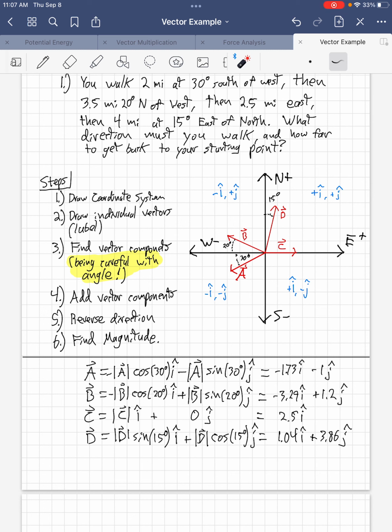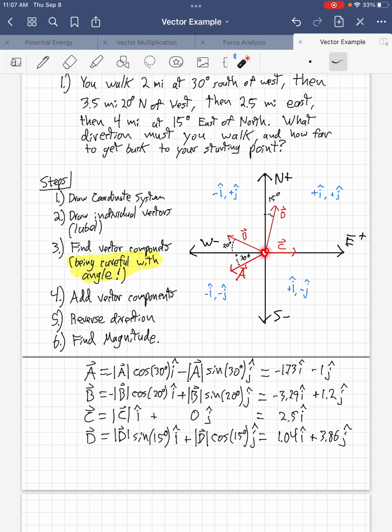All right, so now since we're walking each of these vectors, first we walk A and then we walk B, and we walk C and then we walk D. So maybe we would end up somewhere over here, you can kind of imagine. What we do is we add up those vector components, right? So we add up all of the i components and we add up all of the j components.